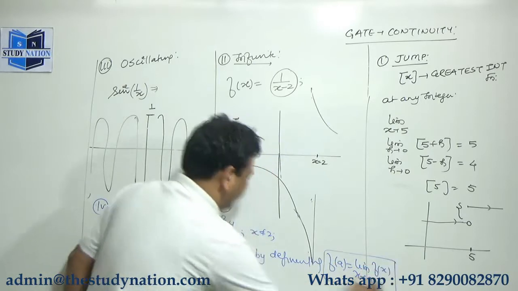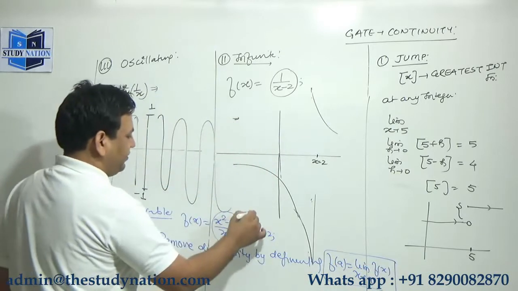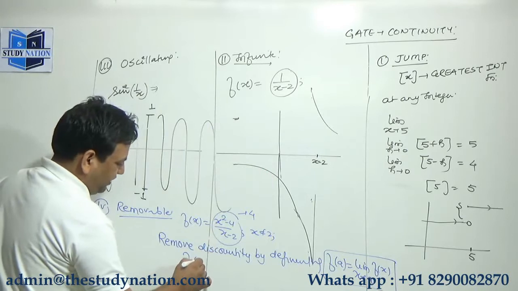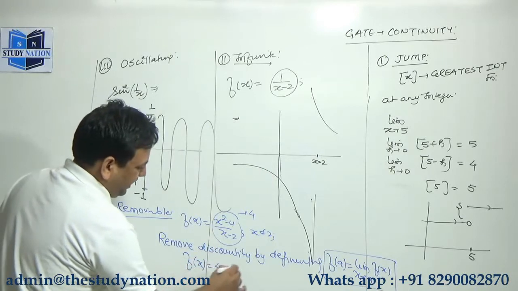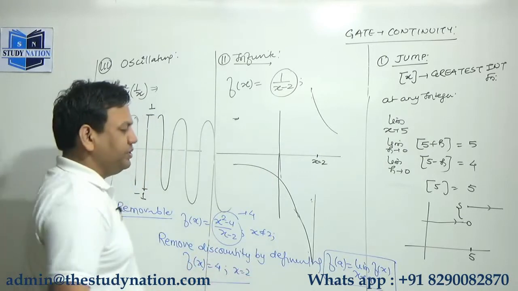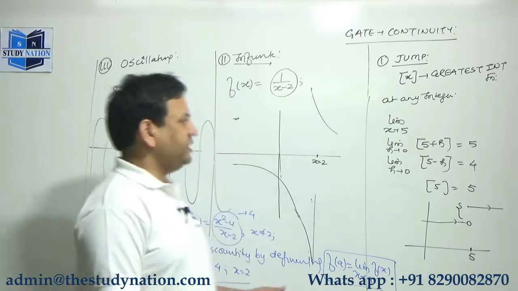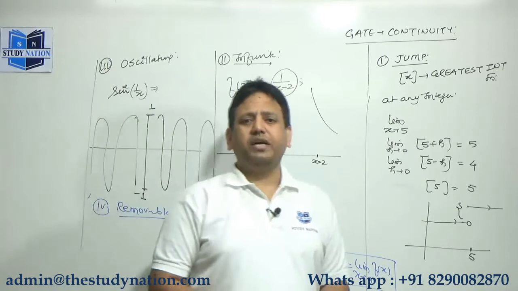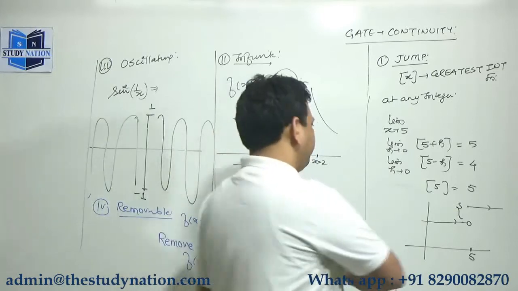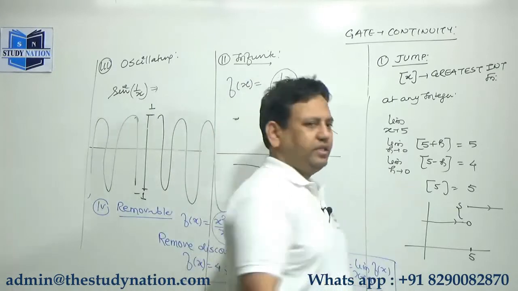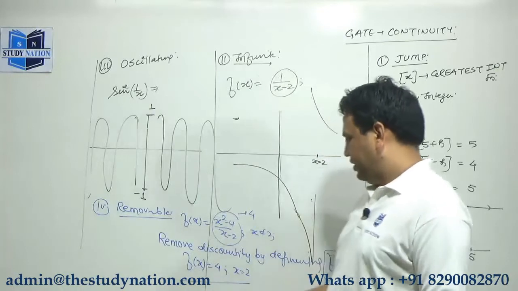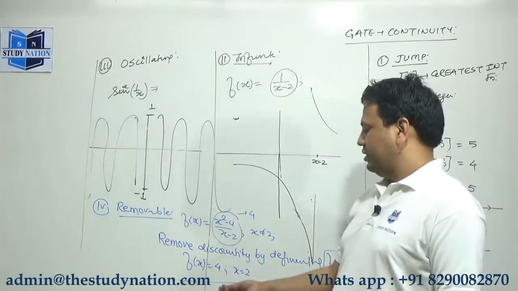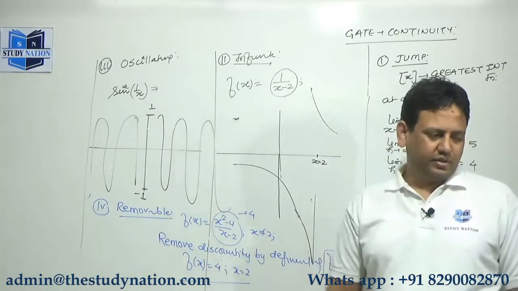So if we take the limit, here we will get the value 4. So if we define f(x) is equal to 4 at x is equal to 2, we have removed the discontinuity and the function is continuous. So this way we say the function can be made continuous. So removable is important because we will use this in the part of complex functions. Okay.